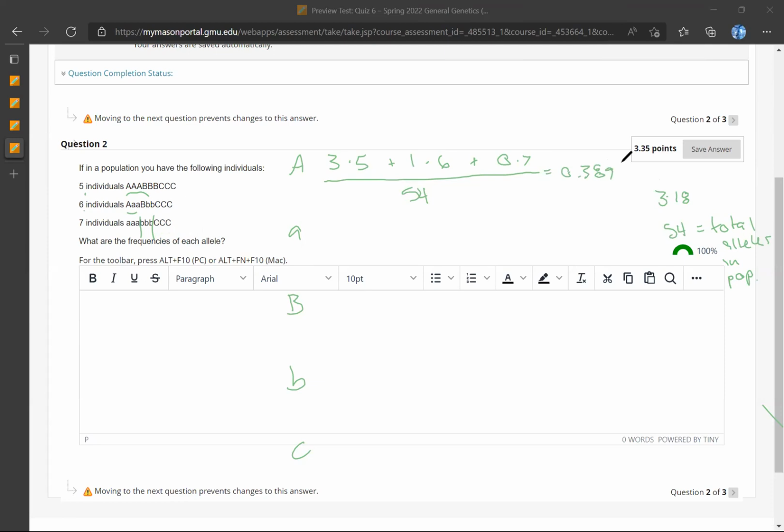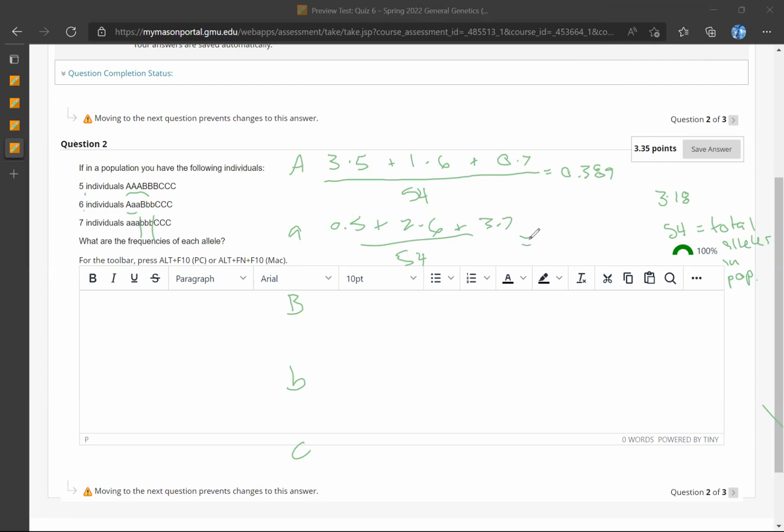Okay, so moving on to a, the lowercase a. We see a 0 times among 5 individuals, 2 times among 6 individuals, and 3 times among 7 individuals. 0 times 5 plus 2 times 6 plus 3 times 7, all divided by the total number of alleles in that population.